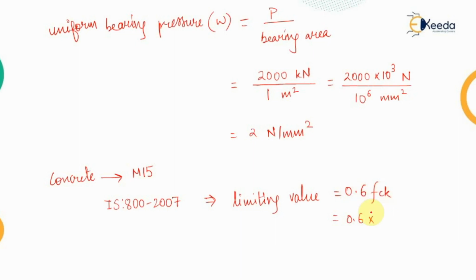So 0.6 into 15 will give us the value as 9 Newton per square millimeter. As we can see, the uniform bearing pressure is less than 9 Newton per square millimeter. That means our value is within the limits.